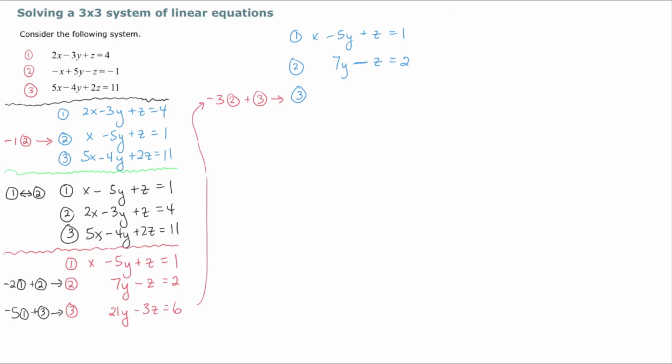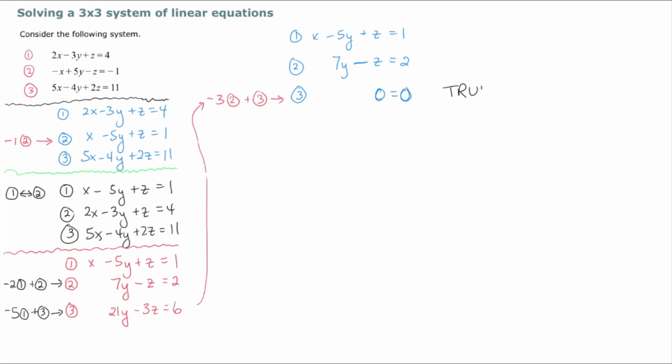If you do that, you get 0 x's, and then you add 0 y's. Yep, you get 0 y's. So the only thing left we have is positive 3z plus a negative 3z, so we get 0. We get a 0 over here, which is now equal to 0. Well, that's true no matter what.